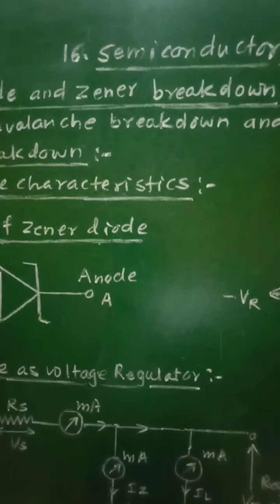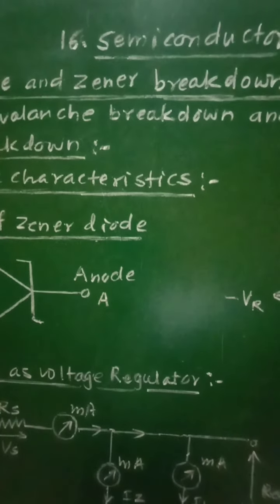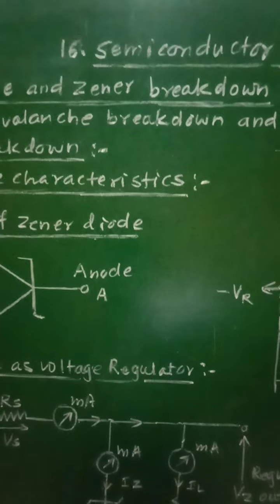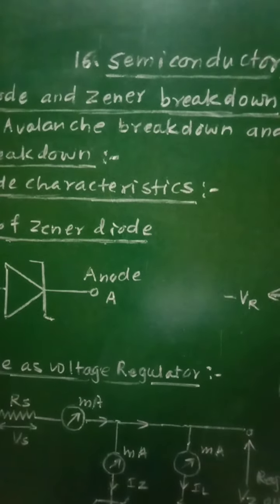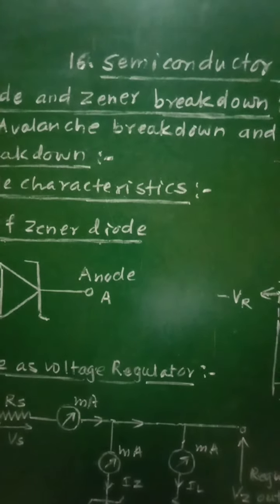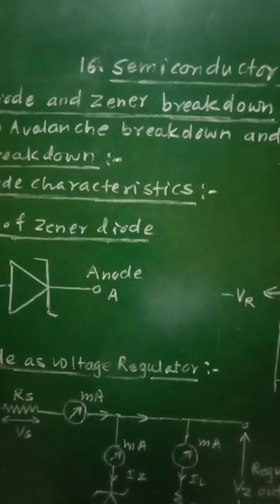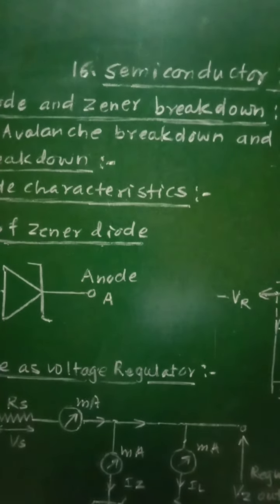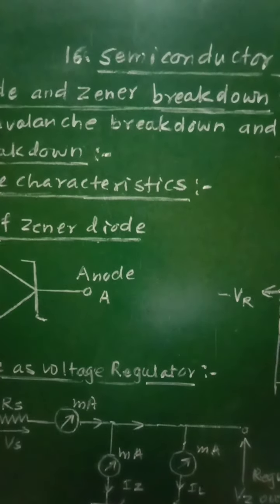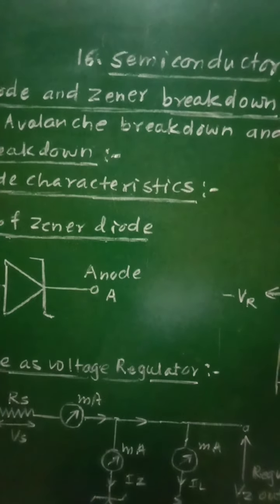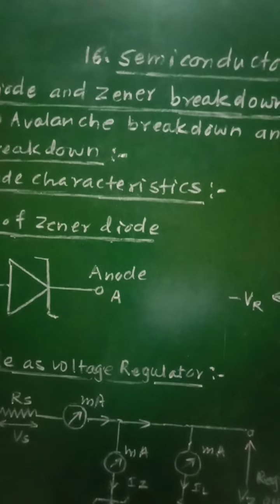A Zener diode works on the principle of junction breakdown. When the reverse bias voltage of an ordinary junction diode is increased beyond a critical voltage, the reverse current increases sharply to a high value.